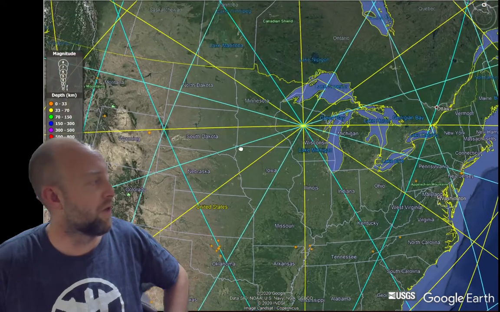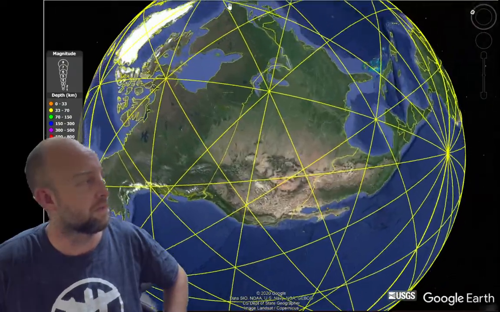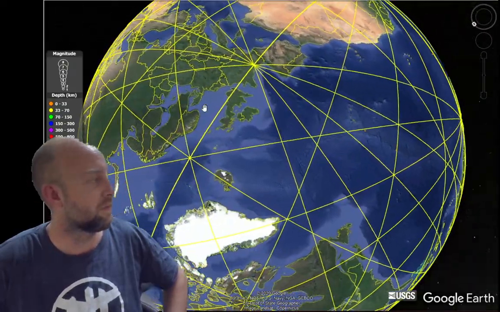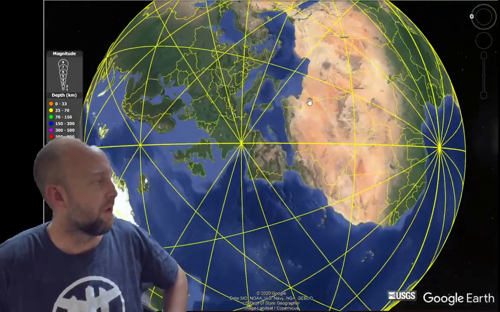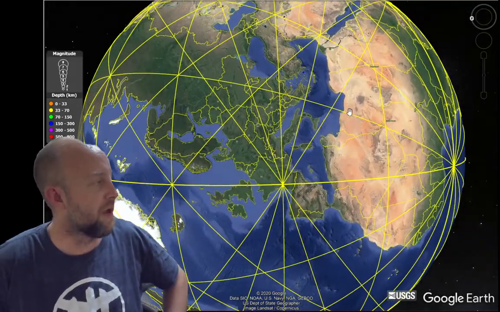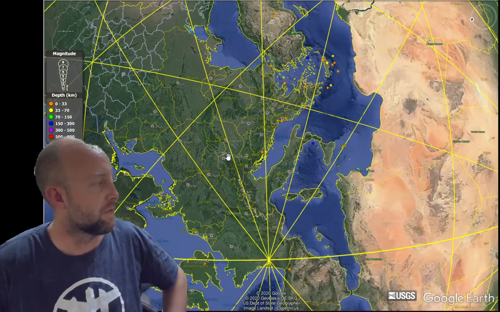Right, some other earthquake locations that people might like to see: I'll show how it's affected Europe in the past. Now what I'd like to do is center the map with each gravity well point and then zoom in.